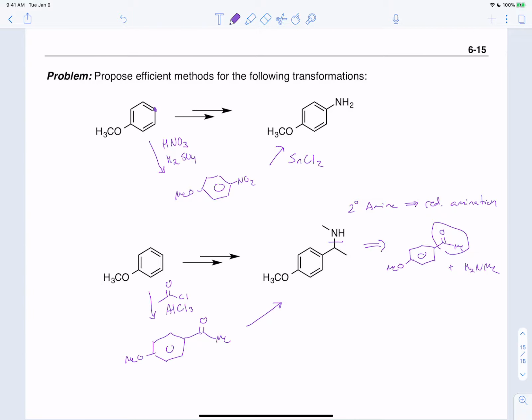We're going to add in our sodium cyanoborohydride and a catalytic amount of acetic acid. So again, something that looks to be quite a bit more complex and may seem to involve quite a few reactions is simplified quite a bit by recognizing that secondary amines are usually synthesized through reductive amination and getting back to that ketone intermediate.